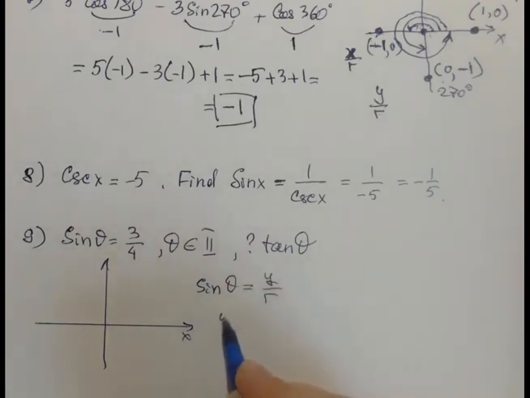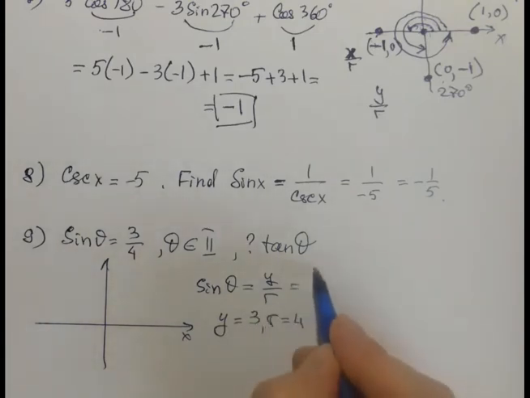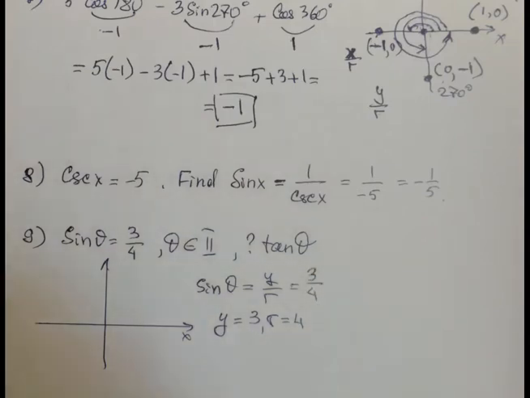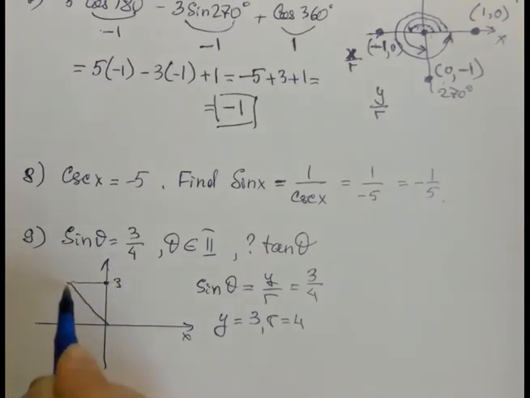So let us take y equal 3 and r equal 4, since sine is 3/4. So y equals 3 and r equals 4. And this is the point on the terminal side of the angle.